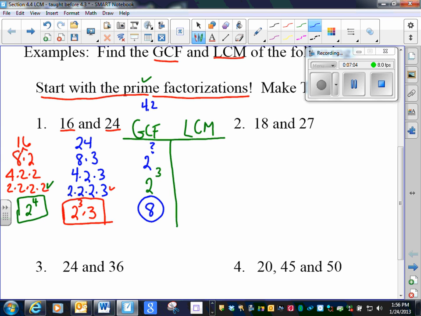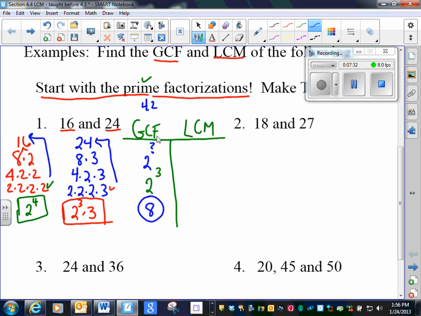So again, let me review for the GCF. You start with the prime factorization. You box it up. You make sure that your factors multiply back to your original number and that they're all prime. We did that. We ended up with 2 to the 4th power for 16 and 2 to the 3rd power times 3 for 24.